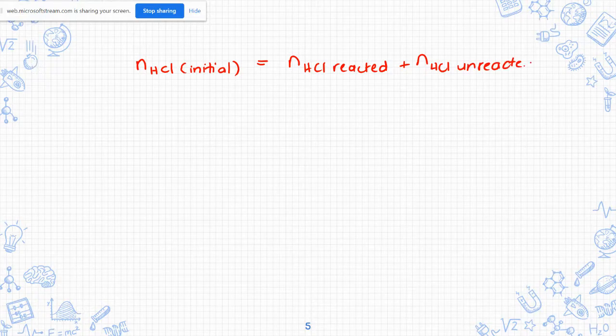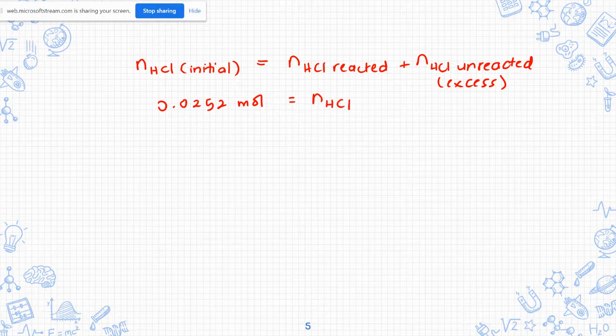Unreacted means the one in excess. So we substitute the values. 0.0252 mole equals, this is the one that we want, reacted, plus 0.0178 mole.